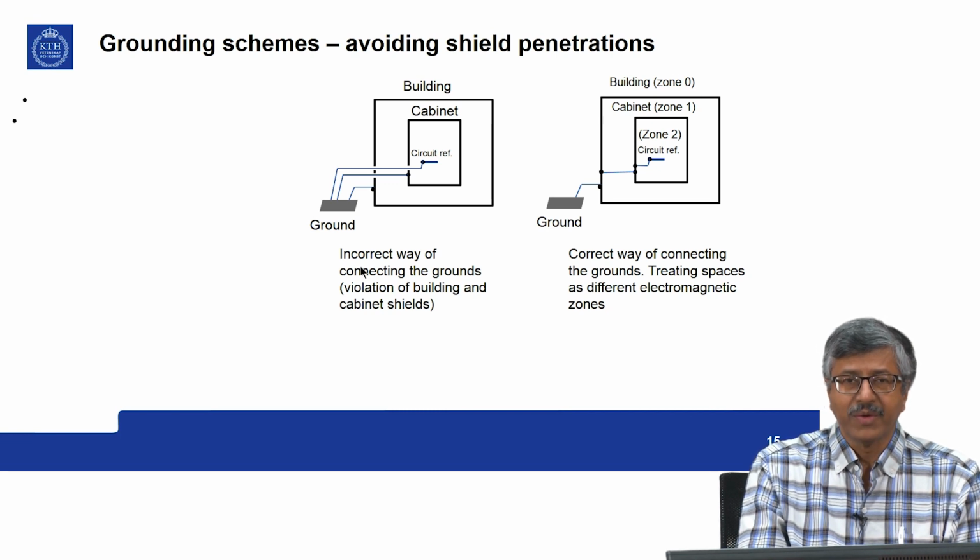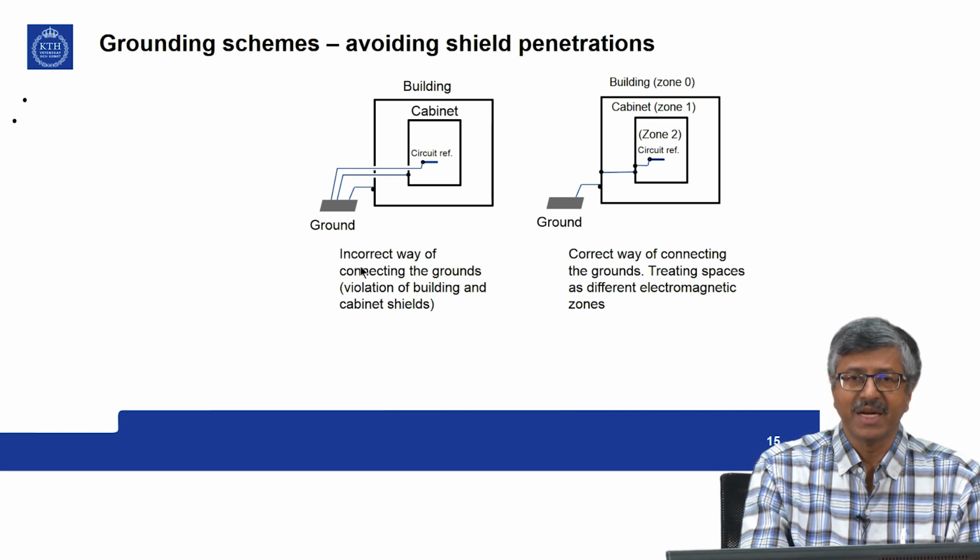Now, often you can have a building, then inside the building you have a huge control room or a cabinet, then inside you have several equipments and circuits, etc. And there may be several grounds: equipment ground, cabinet ground, building ground.